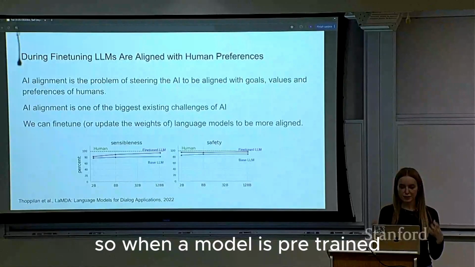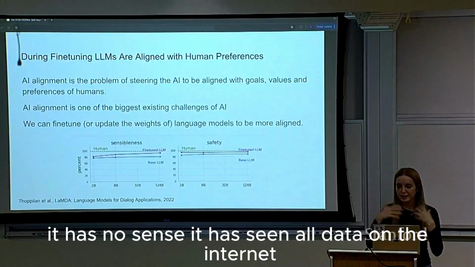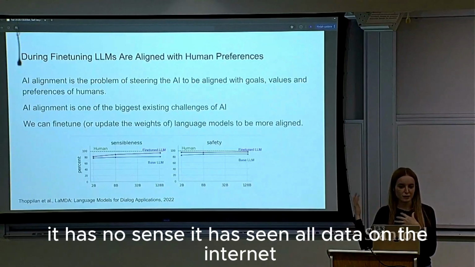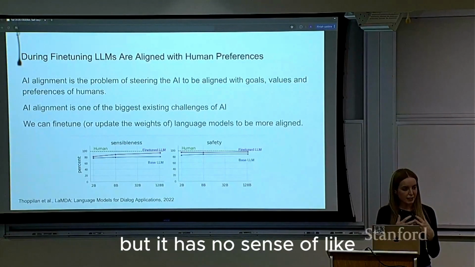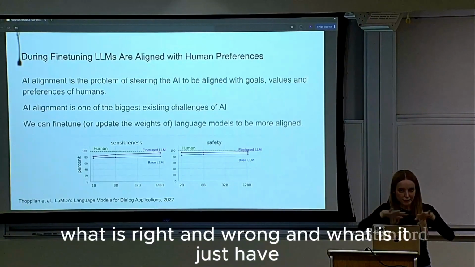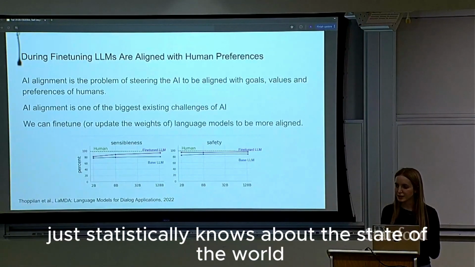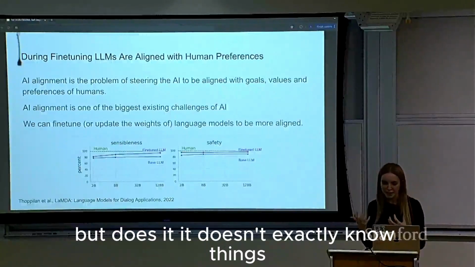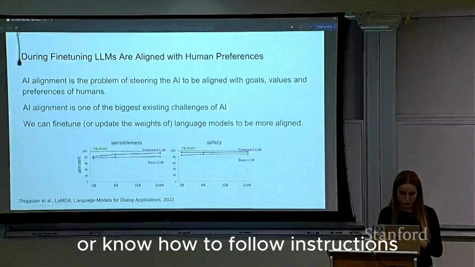When a model is pre-trained, it has seen all the data on the internet, in books, everywhere, but it has no sense of what is right and wrong. It just statistically knows about the state of the world, but it doesn't exactly know things or know how to follow instructions.